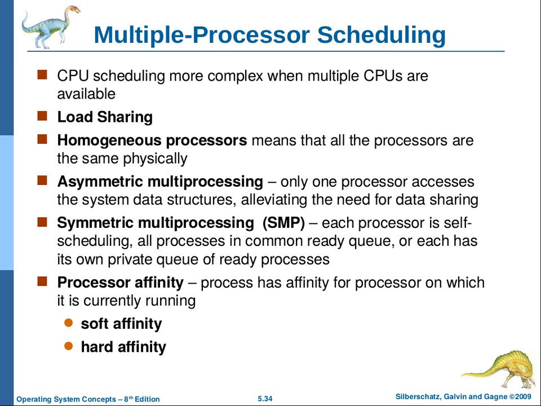But scheduling is more complex when multiple CPUs are available, so you have load sharing. You want the CPUs to be sharing the load, not have one CPU take more than the other. Homogeneous processors, if you don't know already, means that all the processors are the same physically. For example, they're all x86 with the same amount of L1 cache, L2 cache, same number of instructions implemented.